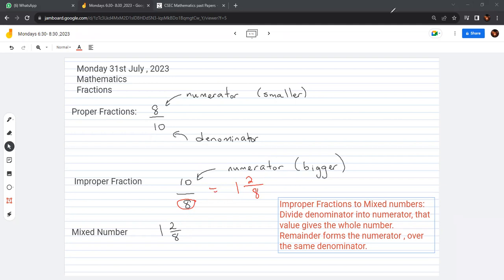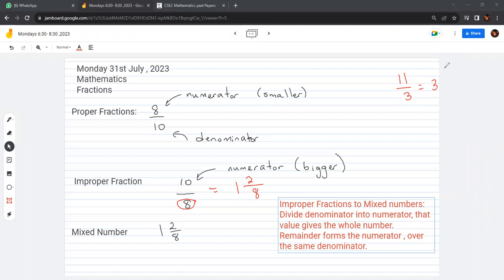Let's check another one. So let's say they gave us 11 over 3. You divide 3 into 11, that's going to be 3 times. And then you have a remainder of 2, because 3 3s are 9, and 9 plus 2 is 11.